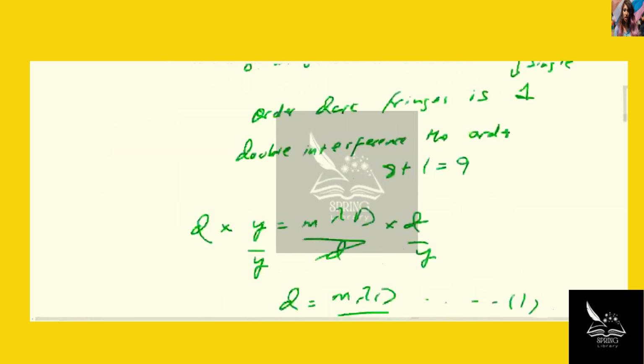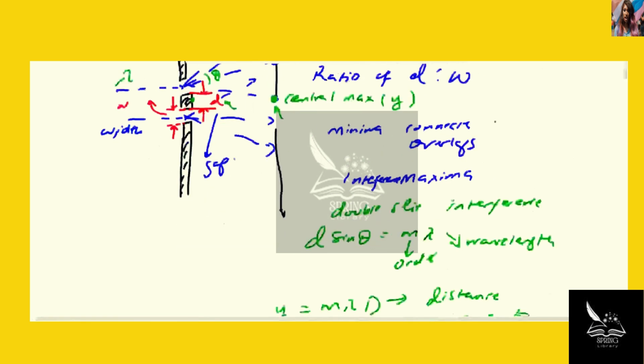So, once again, this just highlights the requirements of the problem: the fact that it's a two-slit interference. As you can see, we have two slits, the first one and the second one.